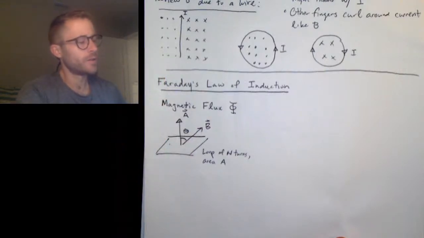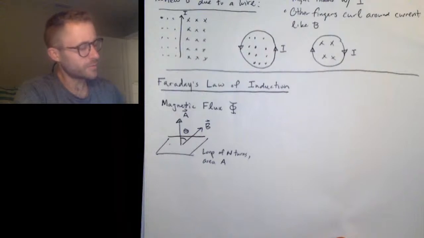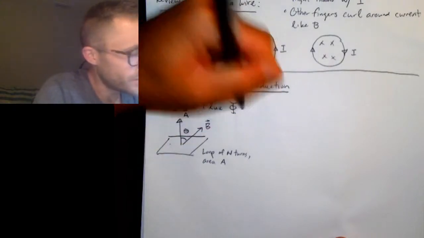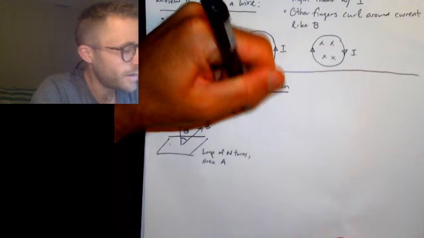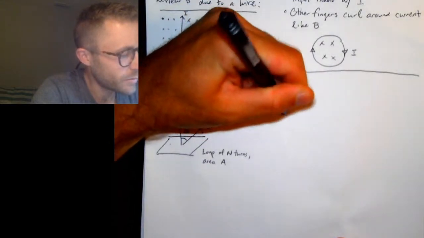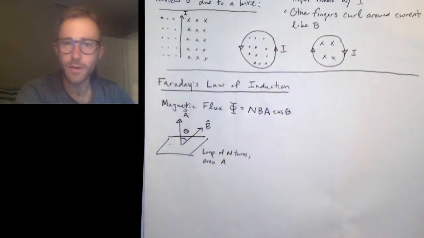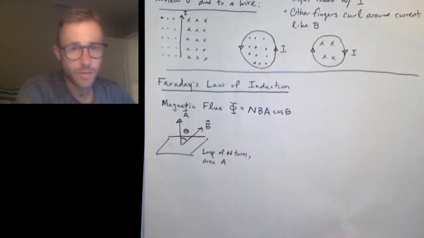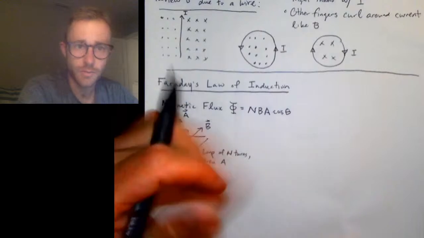So the magnetic flux is going to be N B A cosine of theta. It's exactly the same definition as the flux of the electric field.